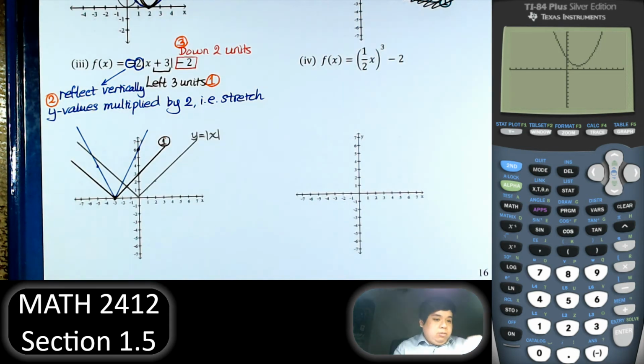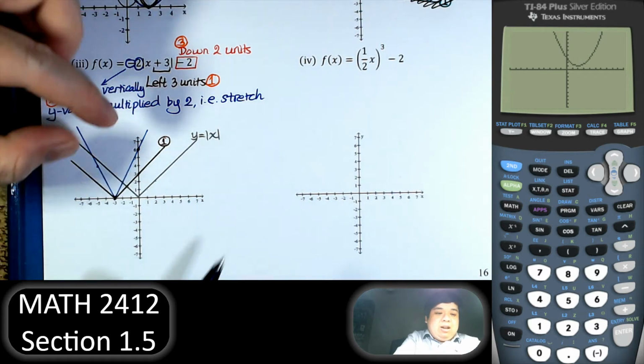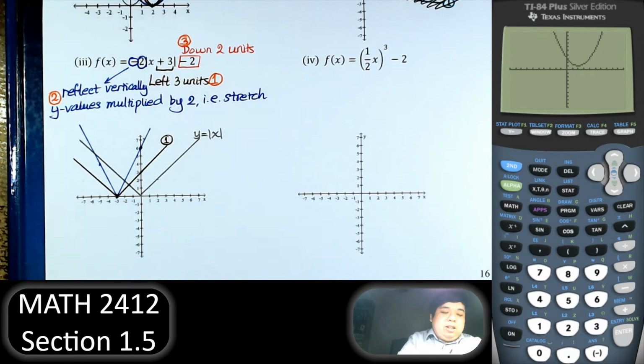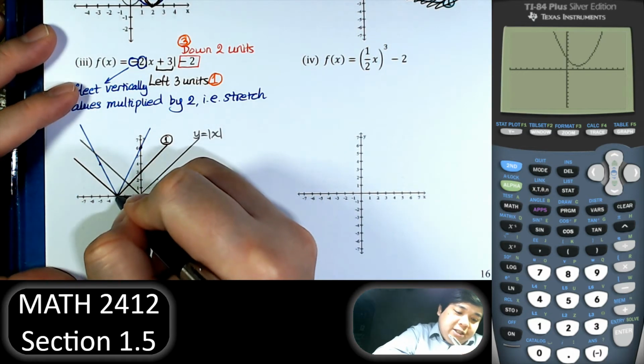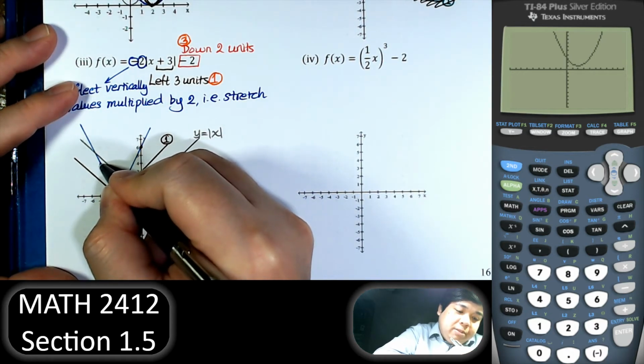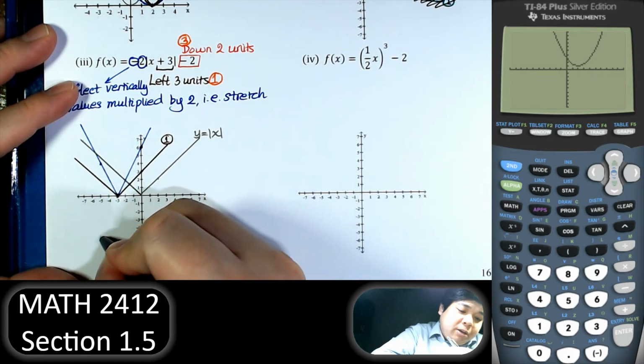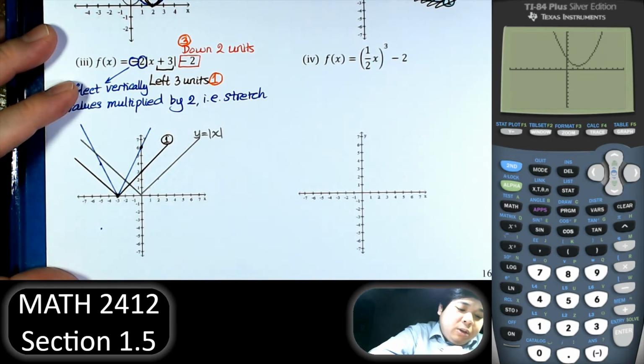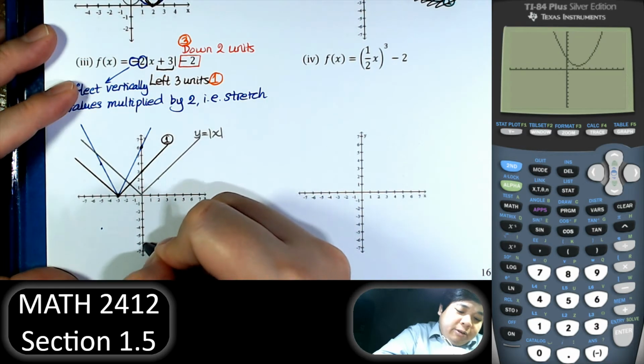It's a V. So we stretch it vertically, right? So just pull it vertically. And then flip it vertically. So that point up becomes down, up becomes down.